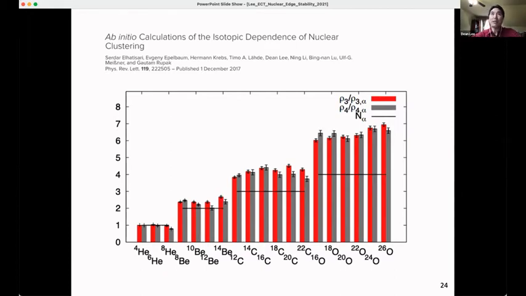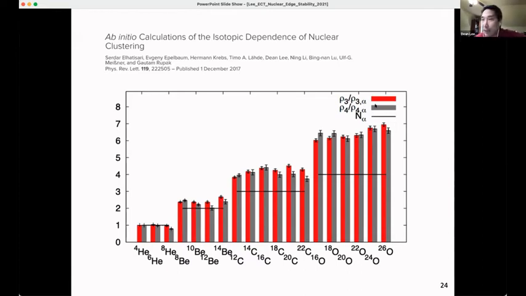So what we did, in this paper from 2017, was calculate the short-range correlations, what's called the contact, for 3 nucleons in close proximity to each other, or 4 nucleons in close proximity of one another, and measured the signal for these 3-nucleon or 4-nucleon short-range correlations as a ratio of the same object for the alpha particle.